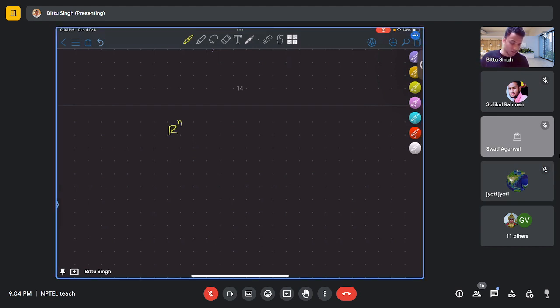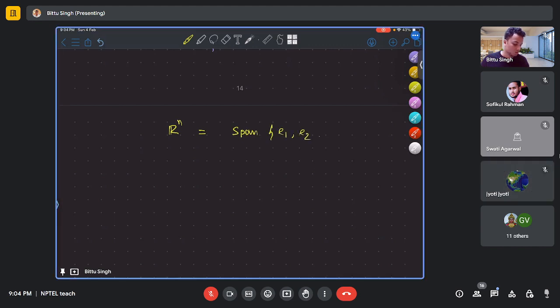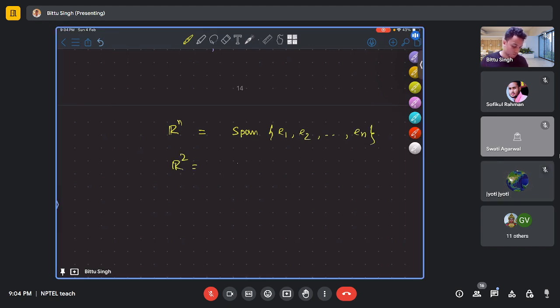So, what will be the basis for Rn? Basically, it is E1, E2, E3 up to En. So R2 has the basis E1, E2, and R1 has E1 as basis.